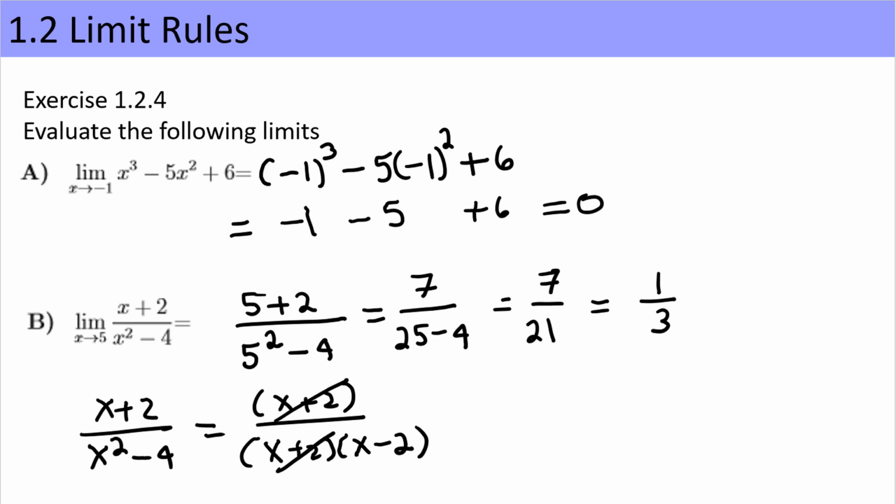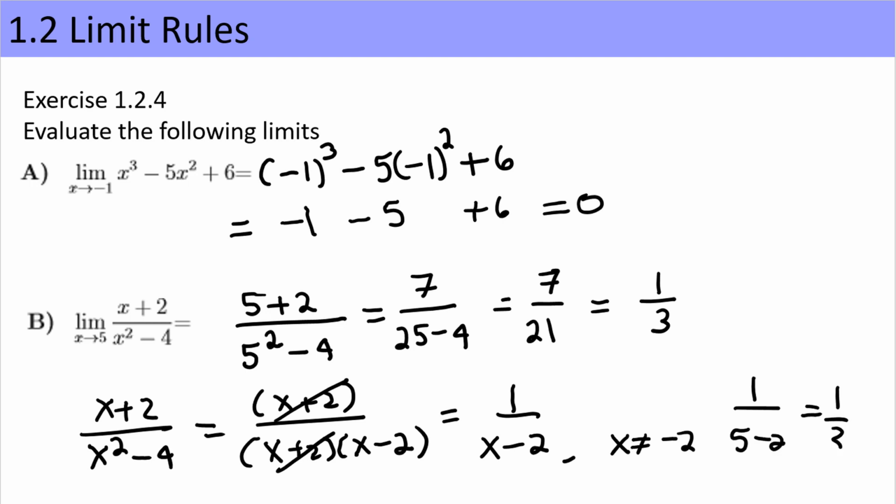The common factors cancel, and we get 1 over x minus 2. We still have to remember that even though the factors canceled, x still cannot be negative 2. And if we evaluate at 5, you get 1 over 5 minus 2, which is 1/3. This is just to remind you that algebra is consistent.